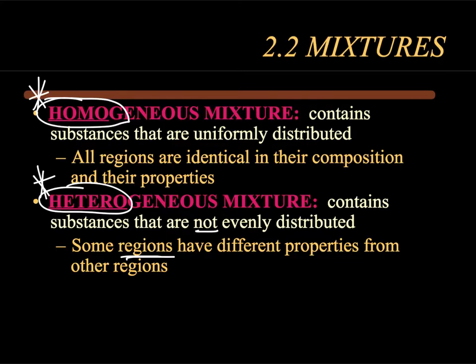Sometimes you get a big old bite of just all sour cream, or you get a big old bite of just cheese. So that is an example of a heterogeneous mixture. So that is something that you can think of, like breaking it up into tiny pieces. If the composition is the same for each piece, then that means that it is homogeneous. But if each piece is different, then that will be an indicator that it is a heterogeneous mixture.